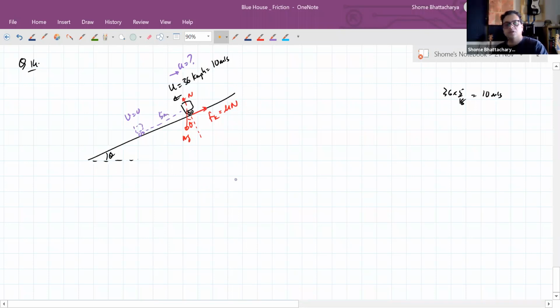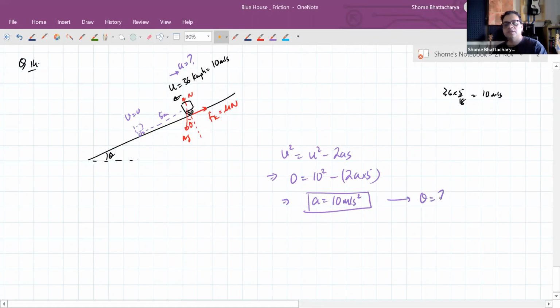Okay. So your kinematics will tell you that v square in the case of deceleration is like this. So 0 should be equal to 10 square minus 2a into 5. So we want a deceleration of 10 meters per second square. So for this deceleration, we have to find out how much theta is. So free body diagram as usual.